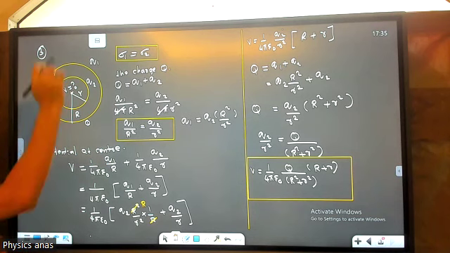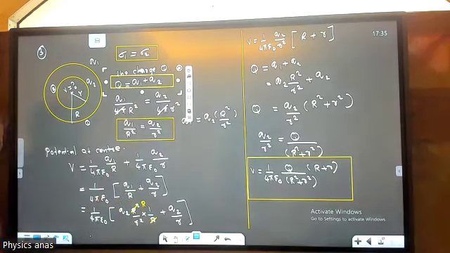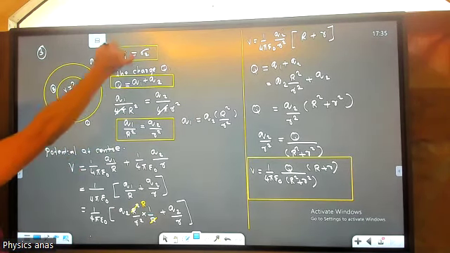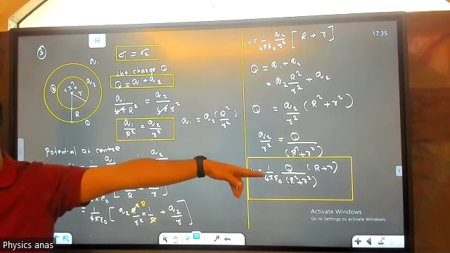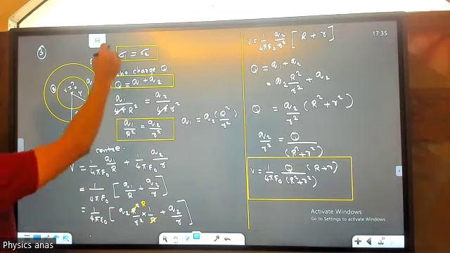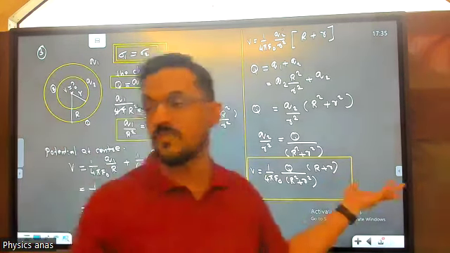Now we have two ideas from the question. What is the first idea? Capital Q must be the sum of the charges, Q1 plus Q2. And the second idea, they have given this; otherwise, we cannot find this equation.